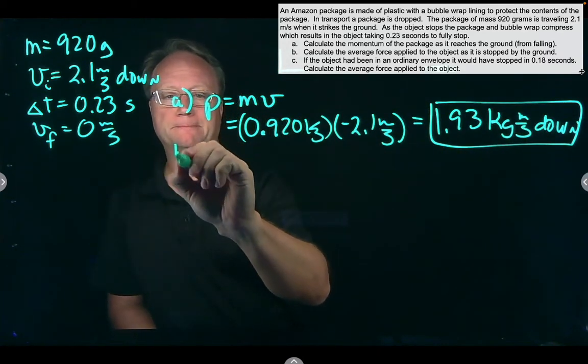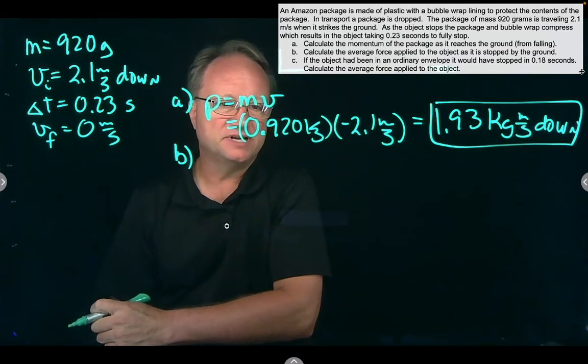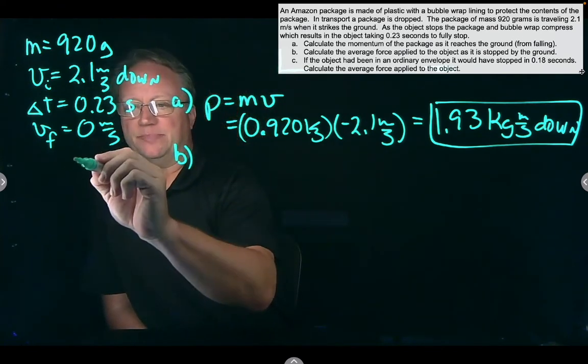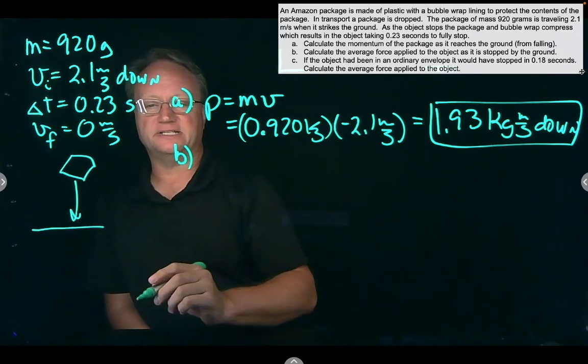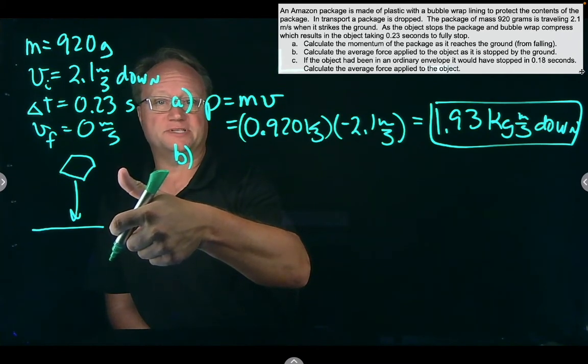Part B. Calculate the average force applied to the object as it is stopped by the ground. So your package is dropped, it hits the ground, and it stops, and that ground is going to apply an upward force to be able to stop it.